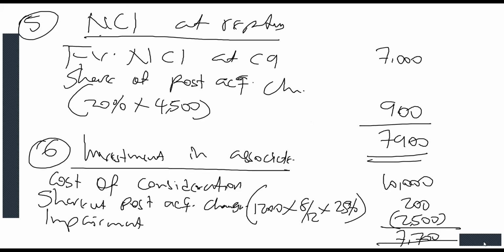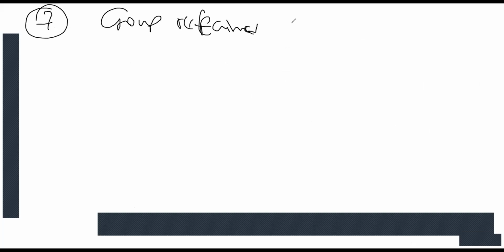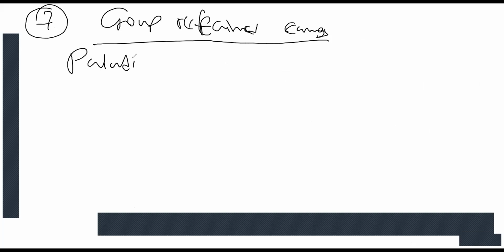Then the last working for the day, then we are done. I always do that working last. Group retained earnings, number 7. First, I have to write Paladin here, then Saracen and Augusta. I have to take everything of Paladin.